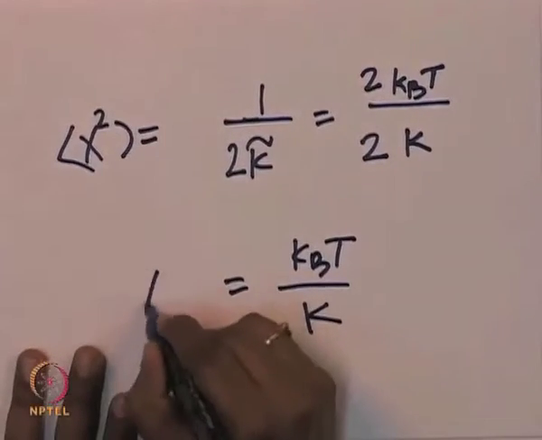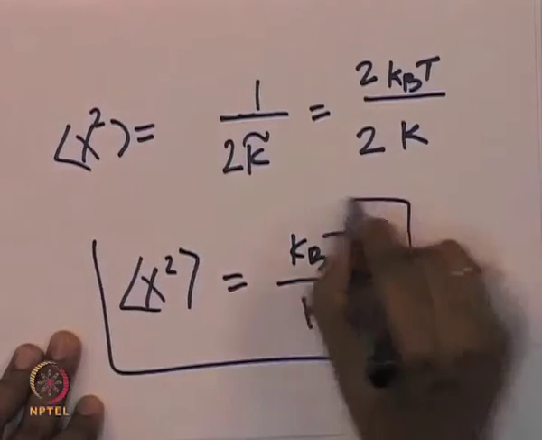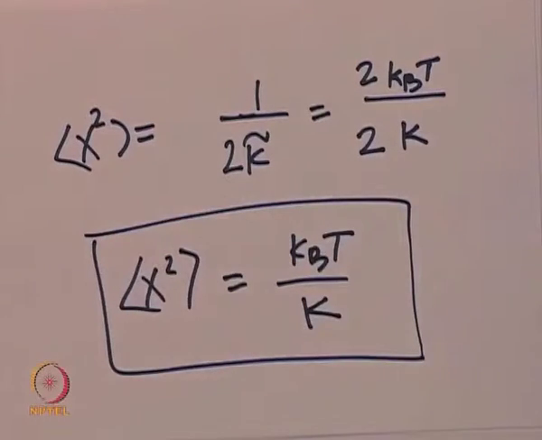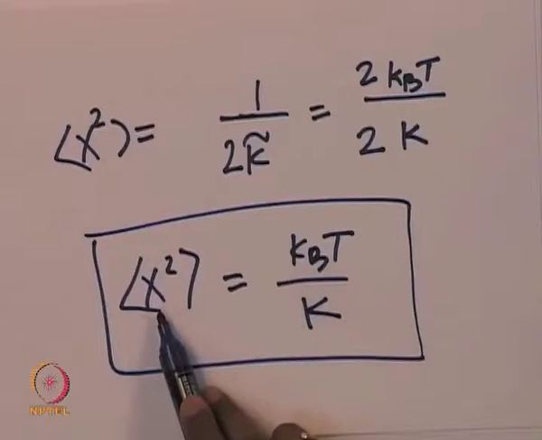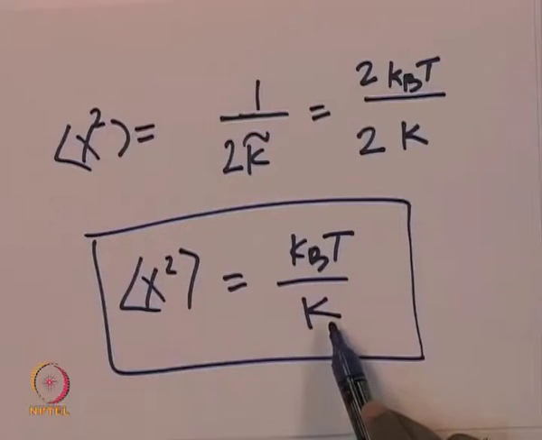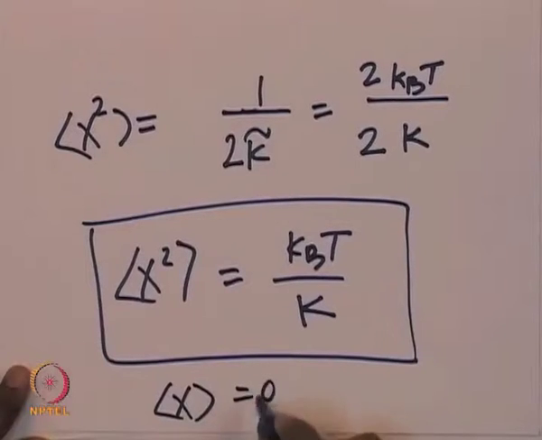So, the average x² is k_B T by k. The higher the temperature, the larger the x² average; the larger the spring constant, the smaller the x² average. The x average will turn out to be 0, which you can see in a similar way.